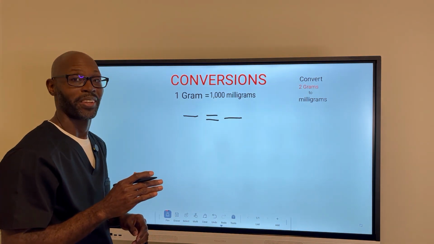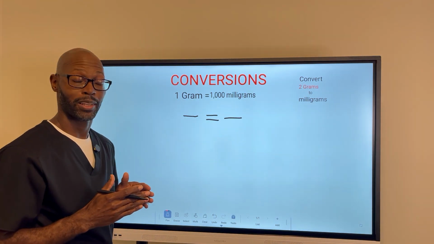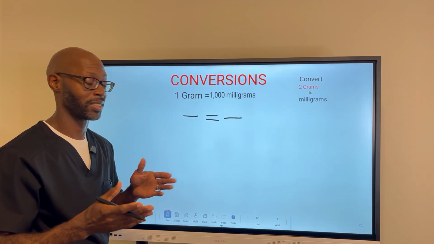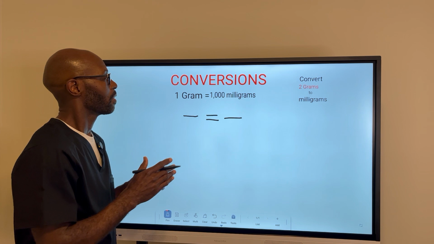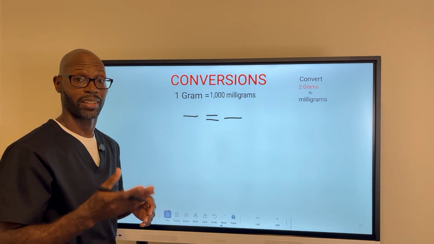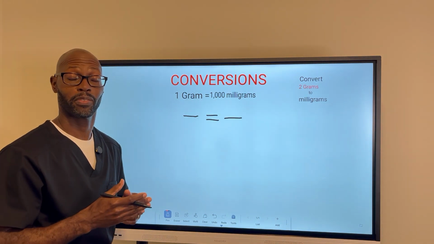The way I was trained to set up this problem makes it easier for me, and I hope to make this easy for you. We start off by writing down the conversion first, and I want to ask you to make certain to start going over your conversions because it's very important. You're going to have to learn your conversions.